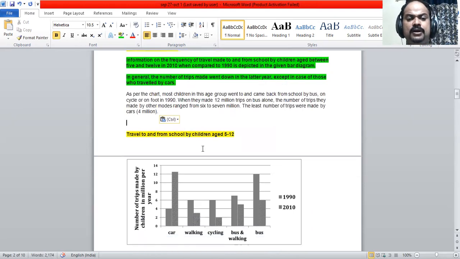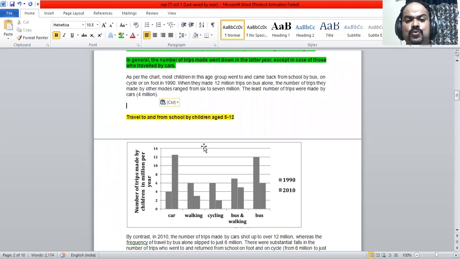As per the chart, most children in this age group went to and came back from school by bus, on cycle, or on foot in 1990. Yes, you can see that it's very clear.